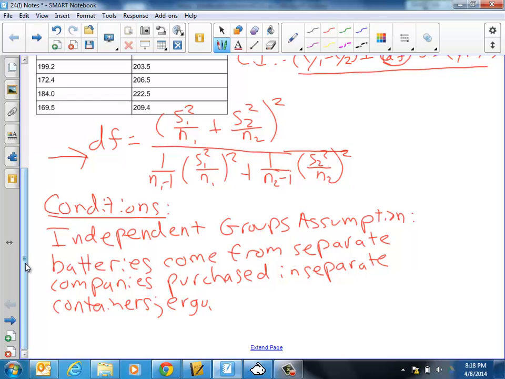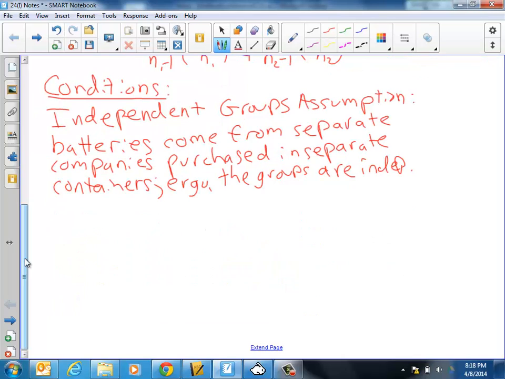Ergo, therefore, the groups are independent. Okay, first condition knocked out, and that's the new condition.